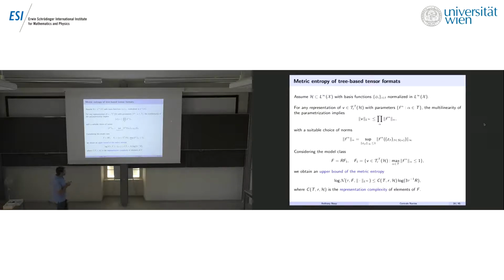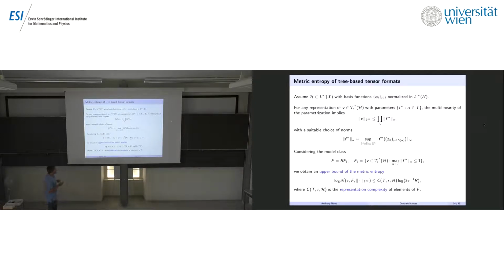The model class is defined as a scaling of this set F1, where all the functions have a norm bounded by 1. If you do it like this, you can show quite easily that the metric entropy, the log of the covering number, is bounded by a logarithm of the inverse of the scale tau, or the radius of this model class, times the representation complexity. So the metric entropy here behaves as a linear approximation space for these tree tensor networks.